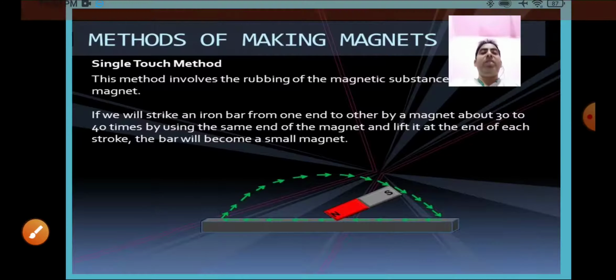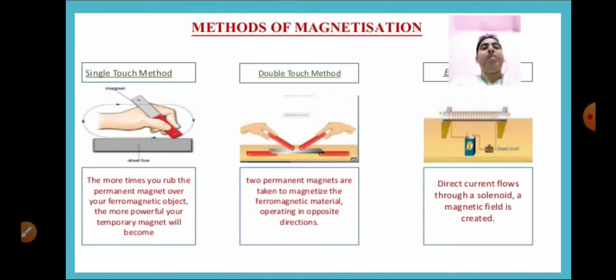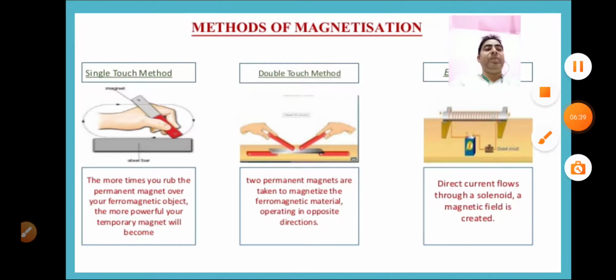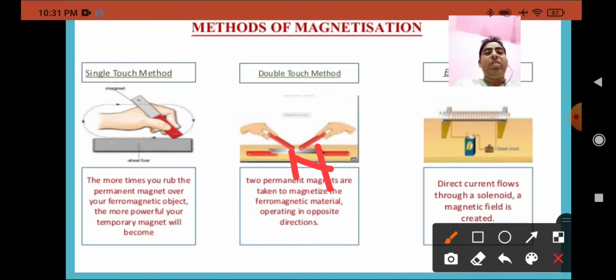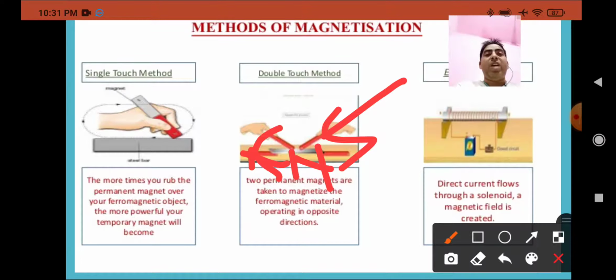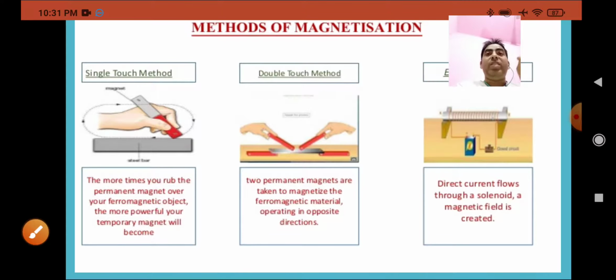Now we will discuss the second one, that is the double touch method. In the double touch method, the magnetic material is rubbed with the opposite poles of a pair of magnets. You have to place them with their opposite poles: if this is north, you will take the other as south, and if this is south, you will take the bar magnet as north, and you have to move them.